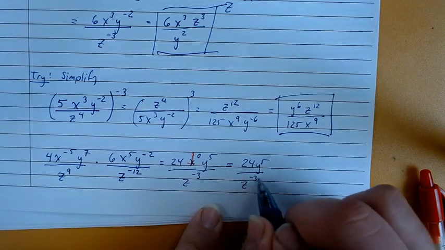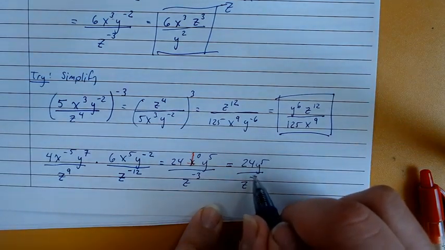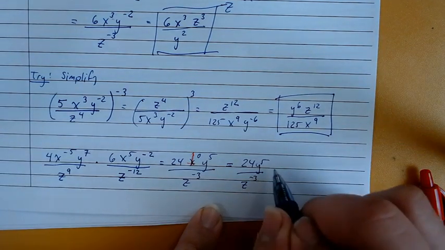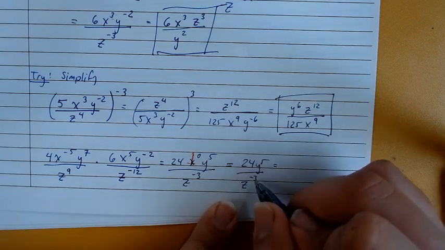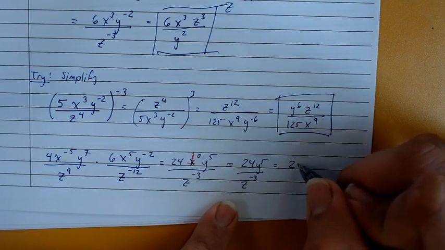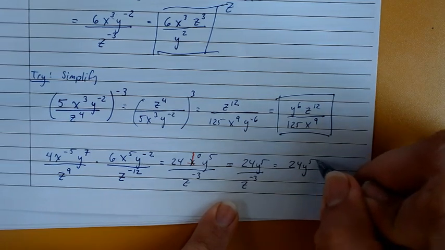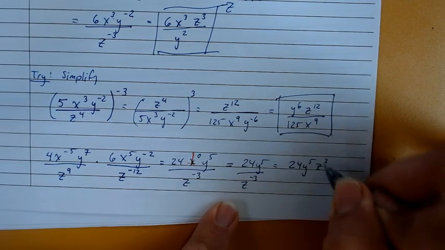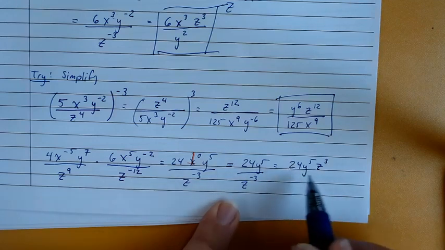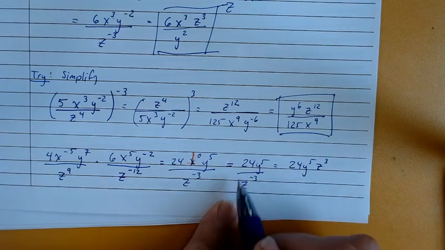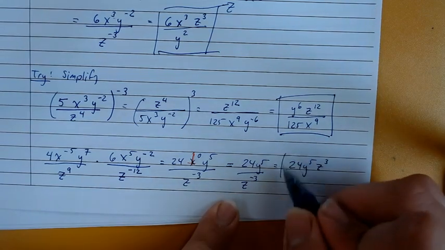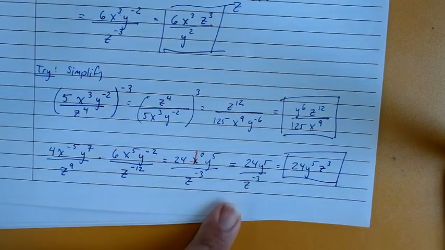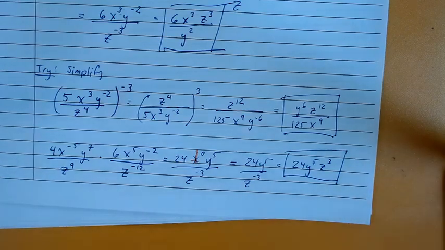But again, since that's got a negative on it, it reciprocates, but only this part. So that'll come up into the numerator. Since there is nothing else left in the denominator, we can just write this as 24 y to the power 5, z to the power 3. If you really want to still have a denominator, you can write this over 1. But generally, once this is brought up and there's nothing else in the denominator, you just write it like this. So 24 y to the power 5, z to the power 3.